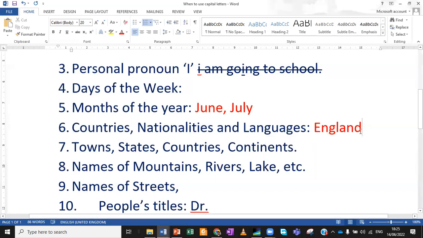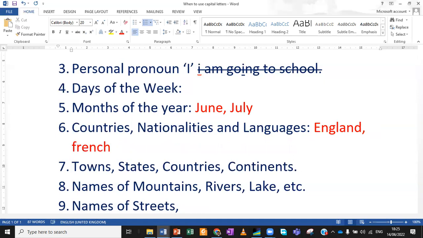Nationalities mean people from a particular country. So if I say french, something is wrong with this. The F is. If I press comma or space bar, you see it has changed. Portuguese.